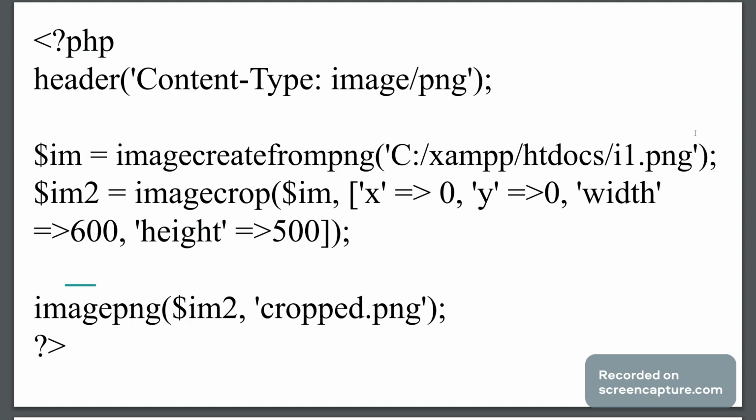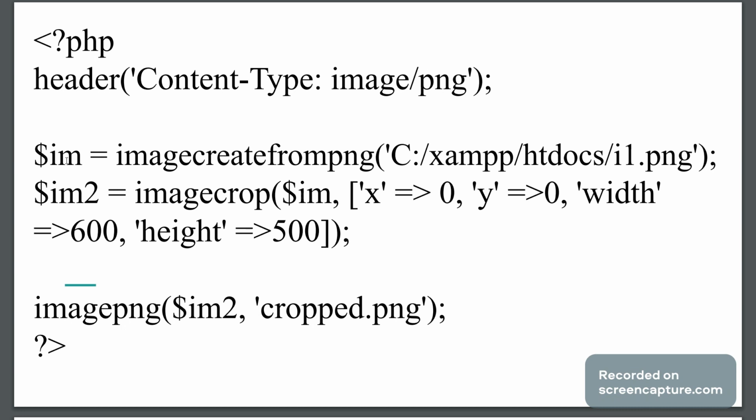Start tag PHP, header information is given. We will crop our I1 image that I have shown you. So I am referring to that image with the imagecreatefrompng function, which is available at the mentioned location with the name i1.png, and that image is available in the IM variable.